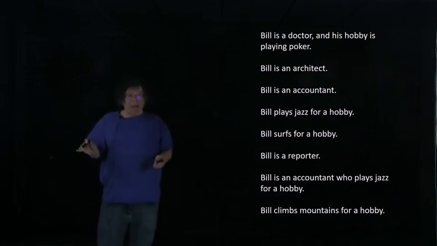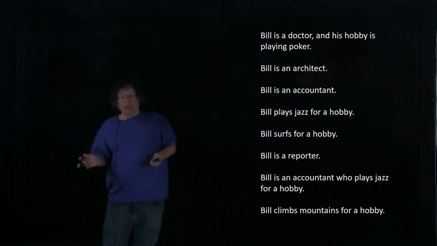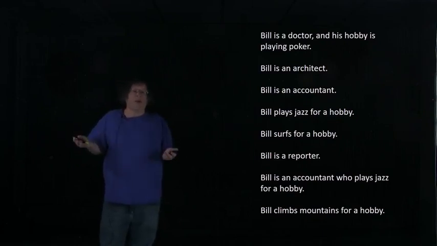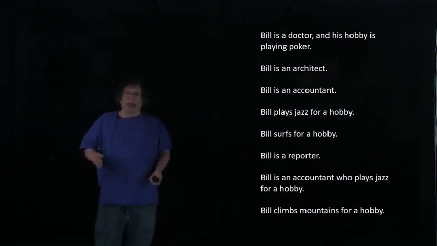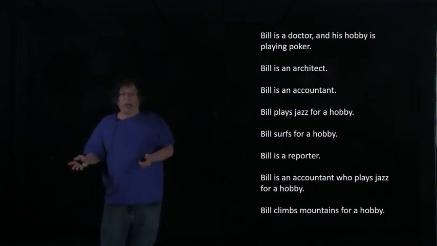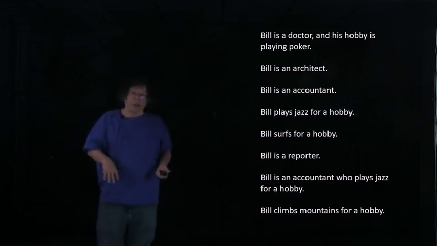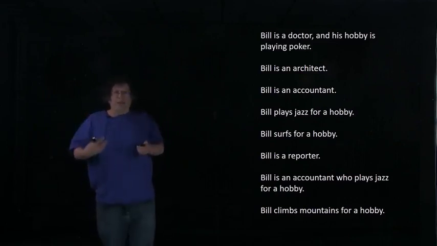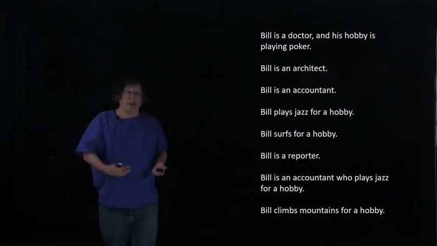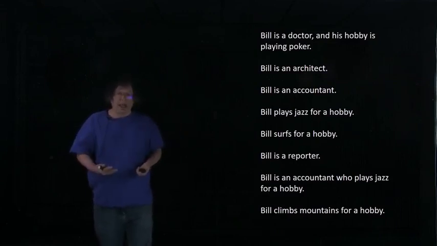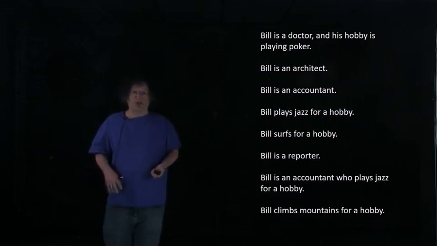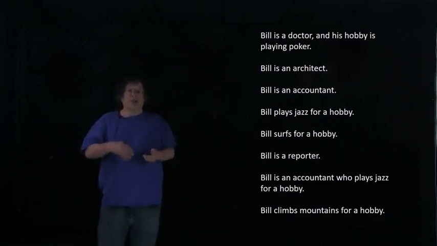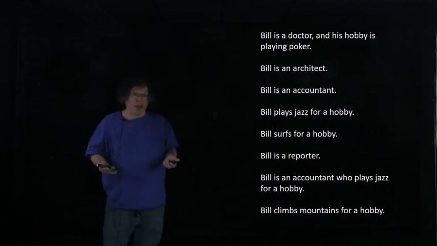mathematically, that's impossible. If you think about it from the standpoint of set theory, imagine all the situations in which Bill is an accountant, and Bill plays jazz for a hobby, and Bill is an accountant who plays jazz for a hobby. If he is an accountant who plays jazz for a hobby, that's a subset, a much smaller number of situations than all the situations in which Bill plays jazz for a hobby.